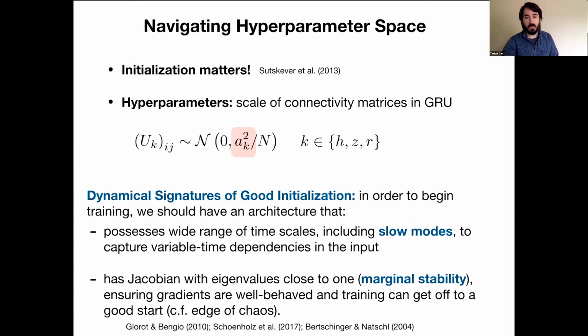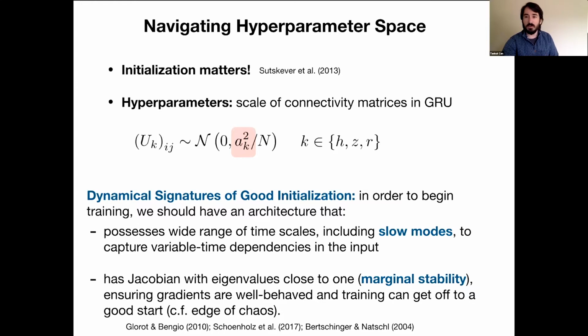Intuitively, what do we want at initialization? First of all, a wide range of timescales, presumably including very slow modes, to be able to adapt to variable time dependencies in the input.